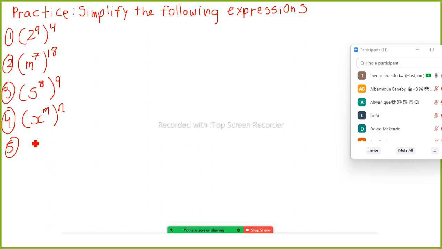Next one, 2, 3, 8 all raised to the power of 7, which is raised to the power of 9.